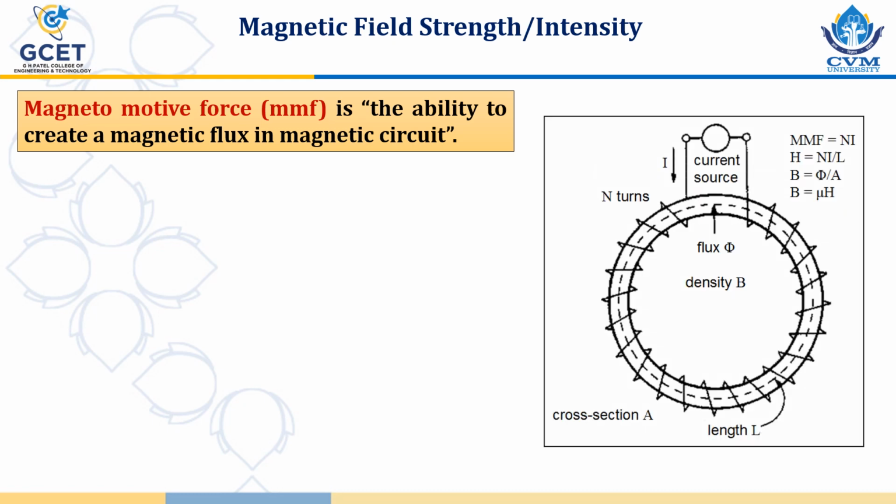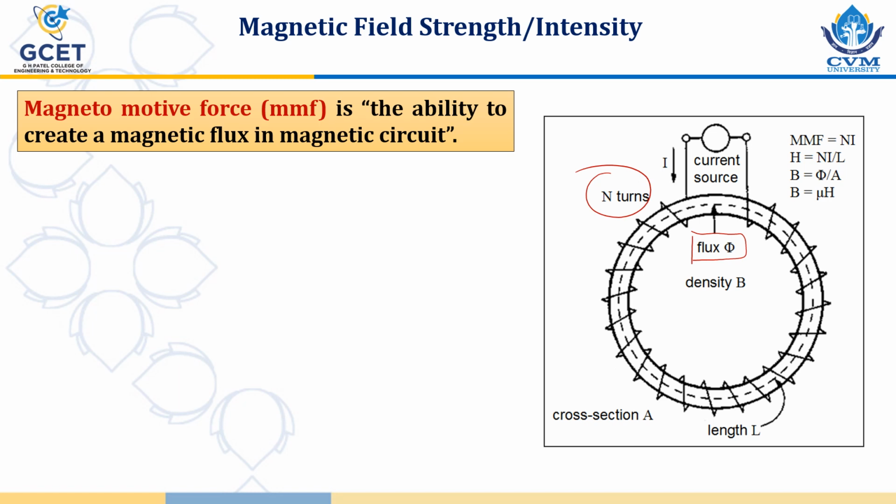So in this diagram you can see there is a ring type or toroid type magnetic core. Over this core, a winding is provided with n number of turns and it is connected with a source. So current is flowing through the winding, and when current flows through the winding, it will generate a magnetic flux phi.